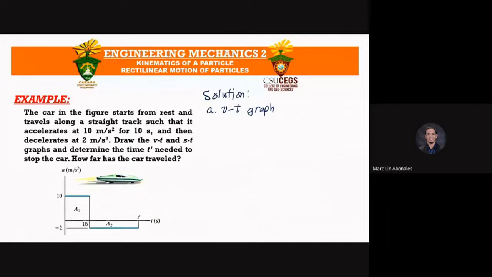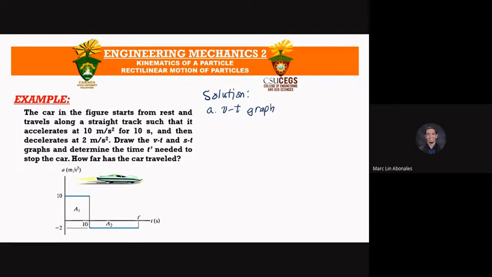It is erratic motion because each interval has different functions that describe the motion of the car. So for 0 to 10 seconds, the motion is different. For 10 to t prime, the motion described for the car is also different.